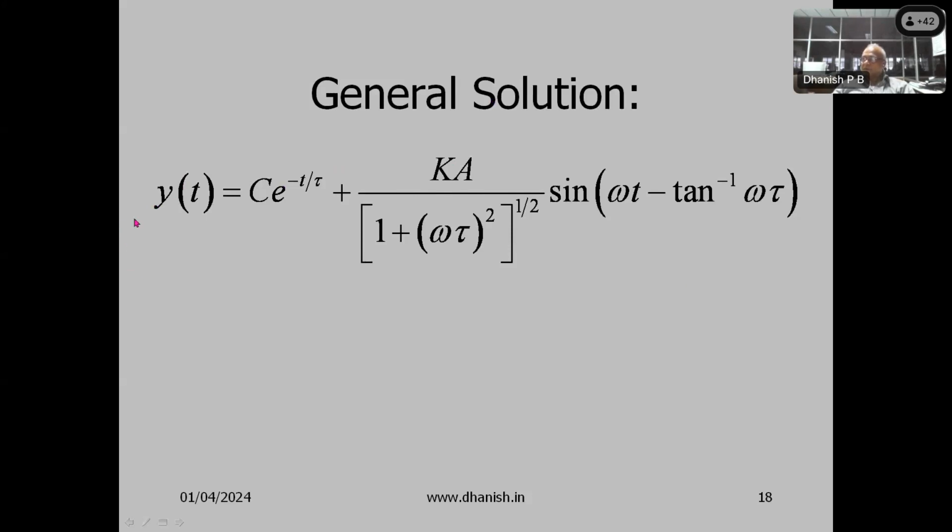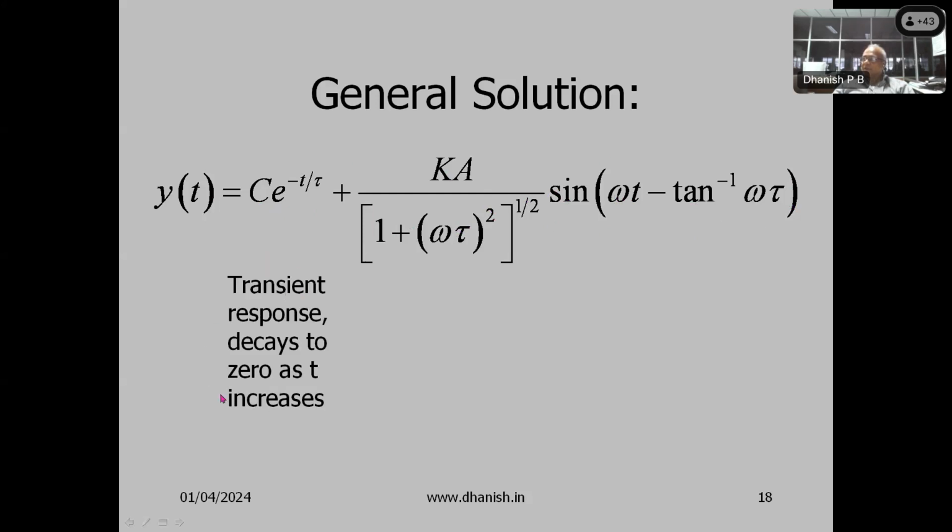So y, the temperature at a time t, is given by c e raised to minus t by tau plus ka by square root of 1 plus omega tau squared into sine of omega t minus tan inverse omega tau. This is the general solution. You can see that there are two parts here, added together.